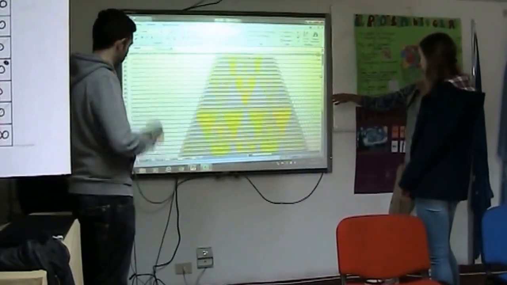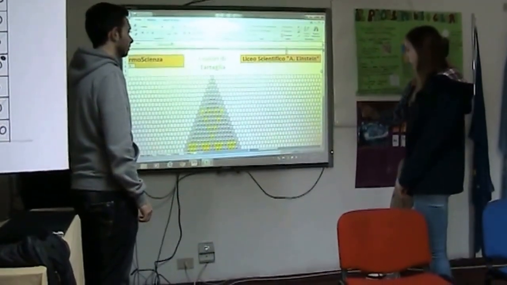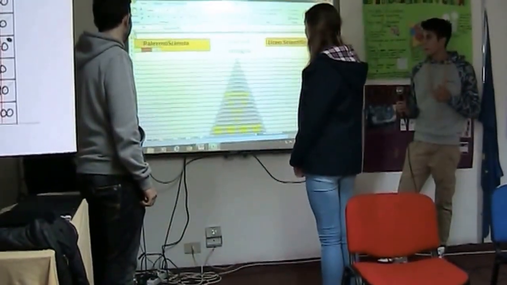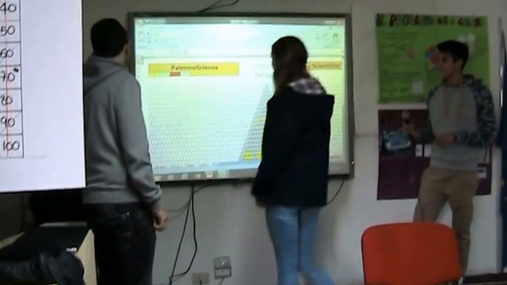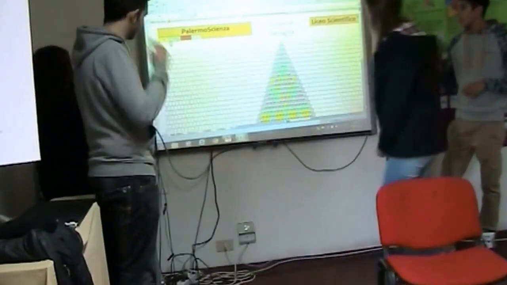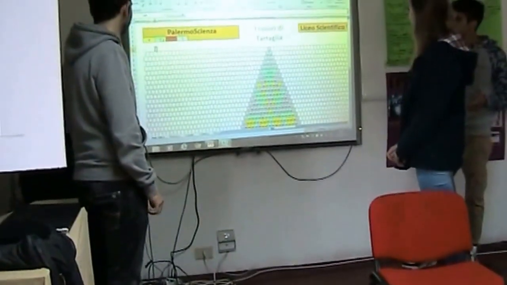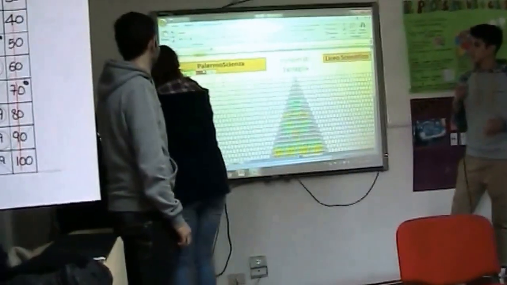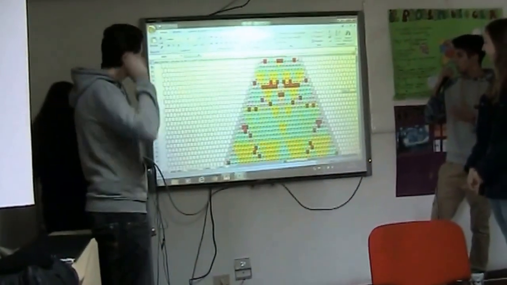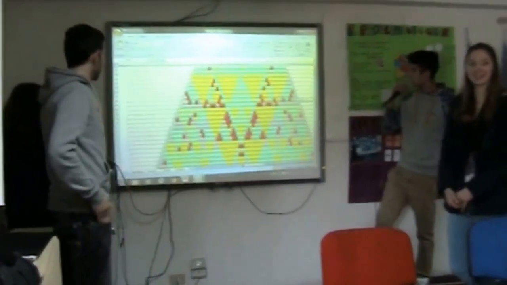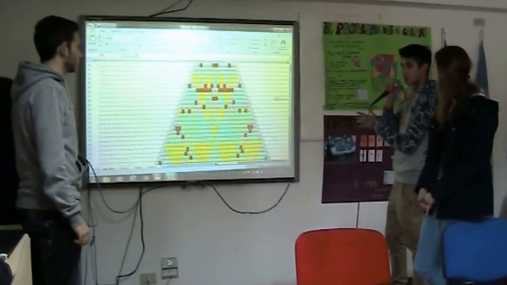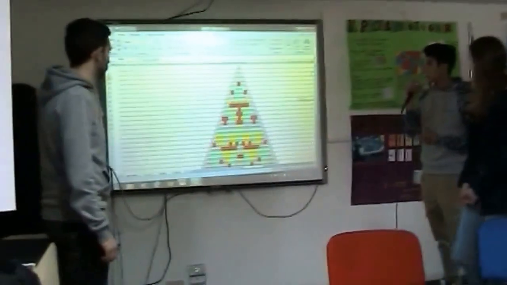If you want, you can choose another two numbers. So you can see the picture will show you the multiples of these numbers. These triangles are called fractals, as Silvia said before.